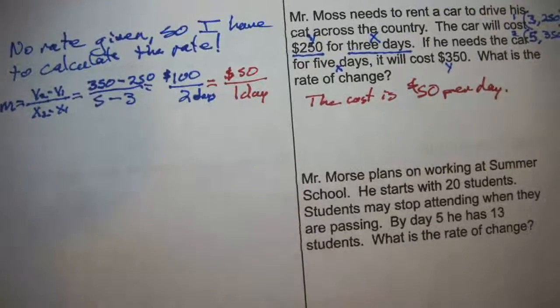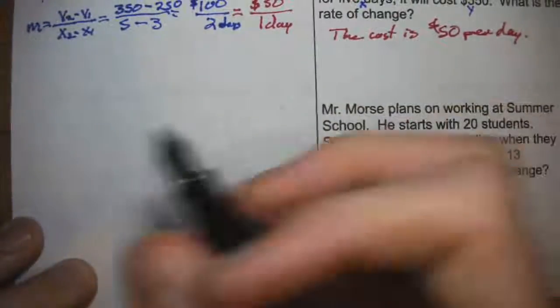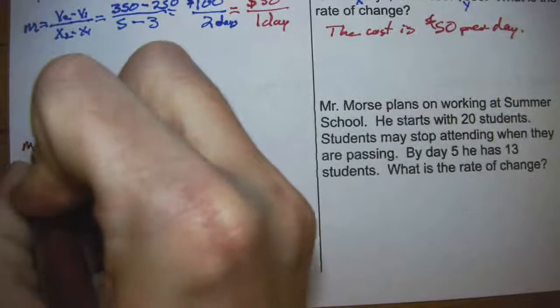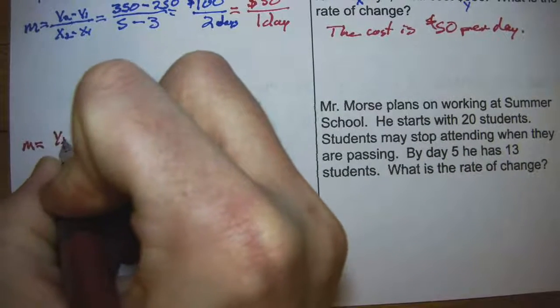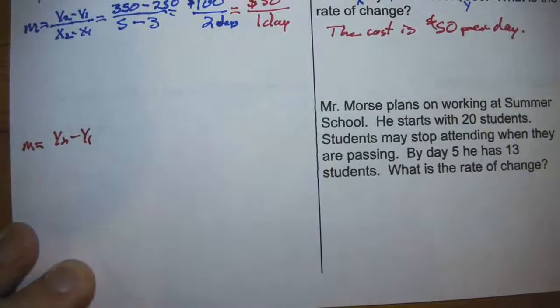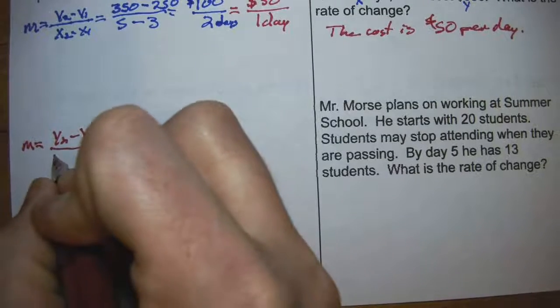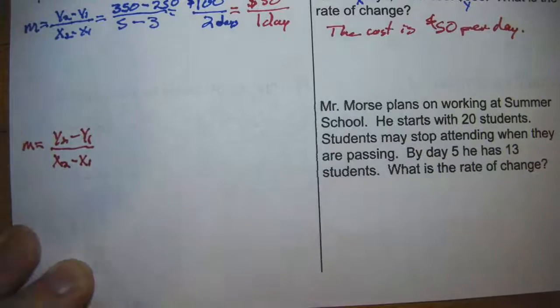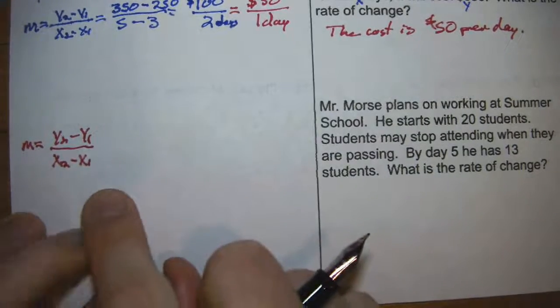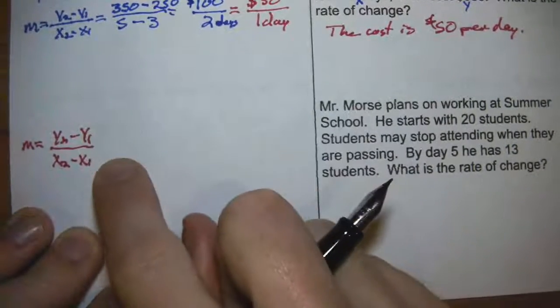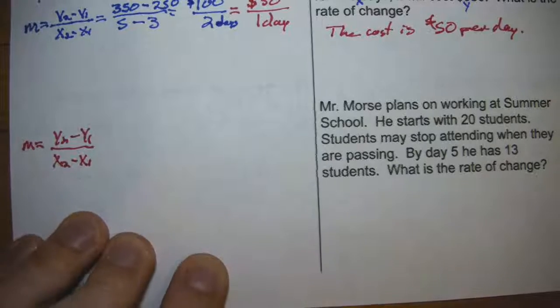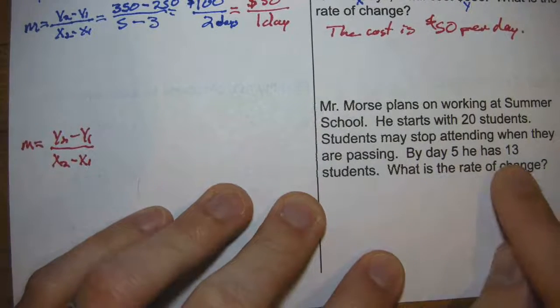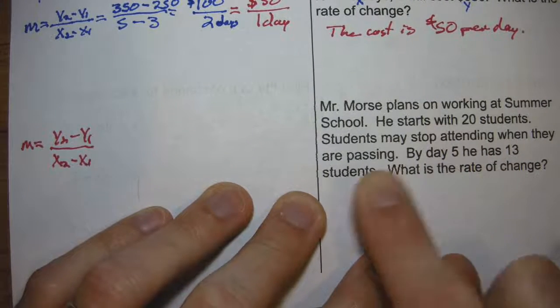So let's write out our formula again, just so we can see it. So it's m equals y2 subtract y1 over x2 subtract x1. So I'm going to have to figure out what's independent and what's dependent. Remember, because dependent goes on top, independent goes on the bottom. Well, one point that I can see very quickly is that we're talking about days and students.